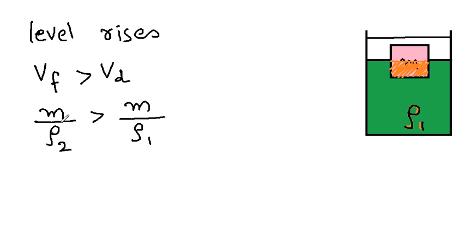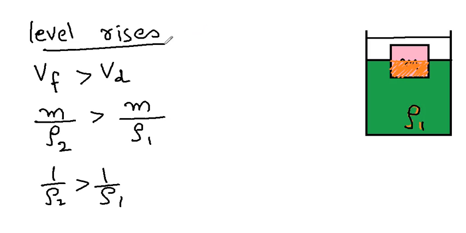Now since mass is constant, we understand that 1 by ρ2 is greater than 1 by ρ1, which tells you that the level rises when ρ2 is less than ρ1. If the density of the liquid formed is less, that will produce a large volume, so the level will rise.